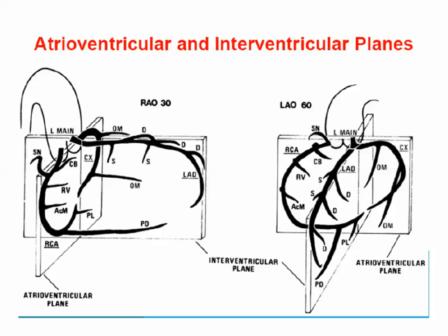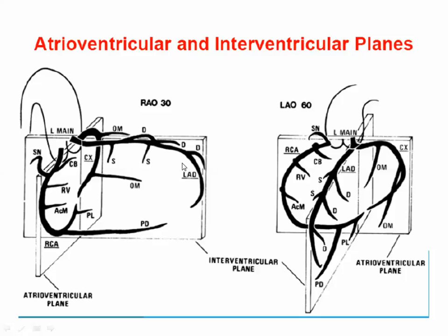This is RAO, because the aorta is here, and the spine and the shaft, and the ribs will be directed in this direction. So what's the wall? This is the anterior wall, inferior, and this is the perpendicular plane on it. What's the atrioventricular plane?